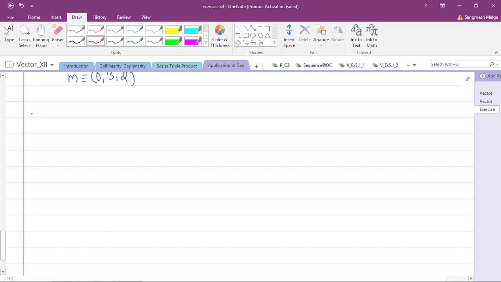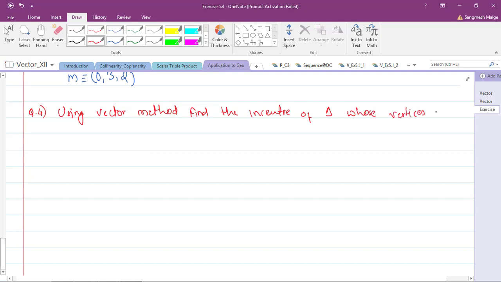Question number 4. Using vector method, find the in center of a triangle whose vertices are, same question, P (0, 2, 1), Q (minus 2, 0, 0) and R (minus 2, 0, 2).